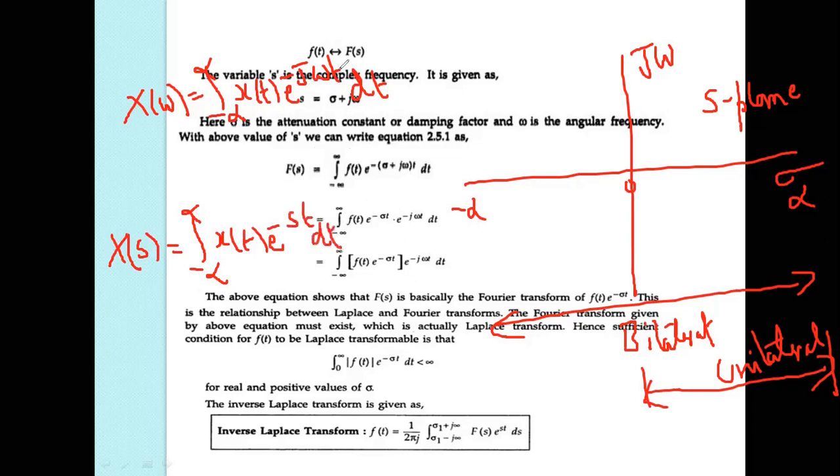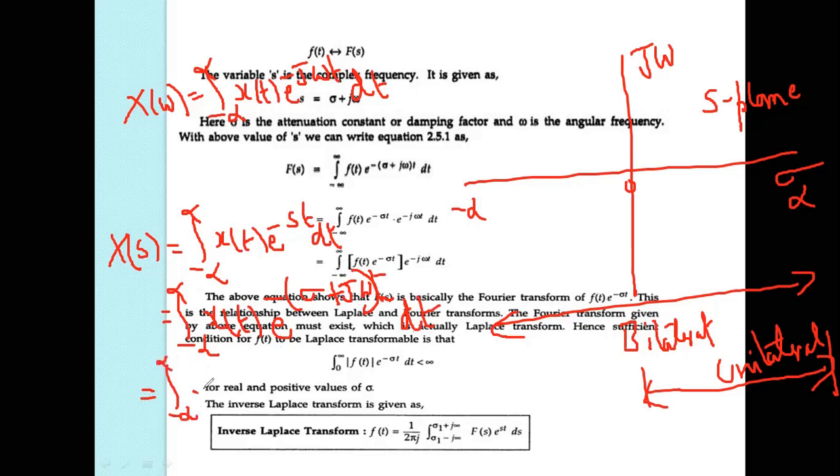So what is the s here? It is the j omega one, but since s is in the s plane with a real term and an imaginary term, you can substitute s is equal to sigma plus j omega, giving e power minus sigma plus j omega into t dt. I substituted s is equal to sigma plus j omega.